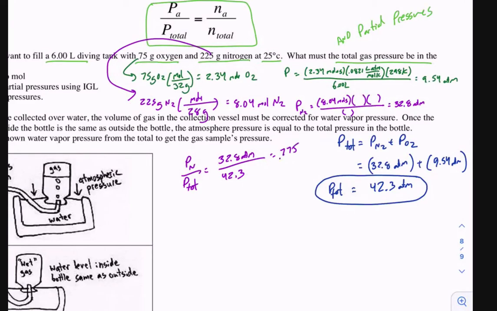And just to verify that mole fraction and pressure fraction are equal, let's take the moles, so n of N2, which is 8.04, and divide it by n total, which is 10.38.